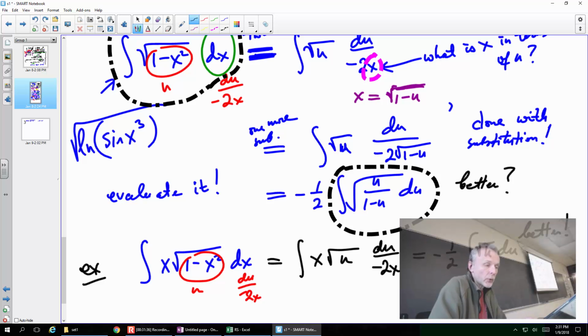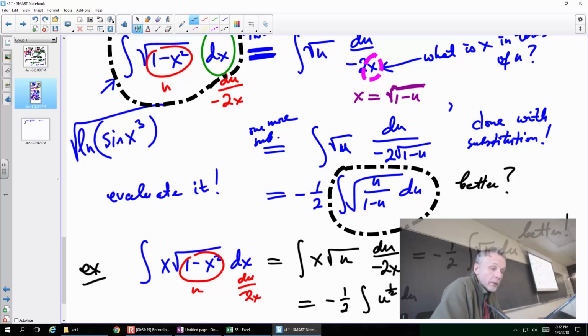In fact, how do I integrate it? Square root of u, what is it? Right. So what is the power? Well, first you realize that square root is u to the power of 1/2, right?